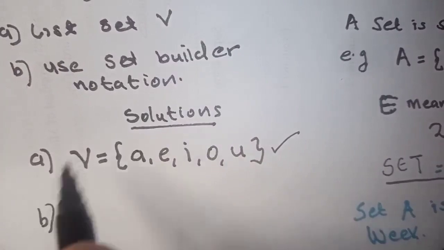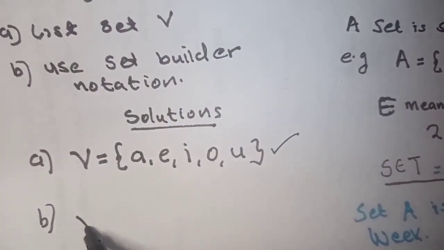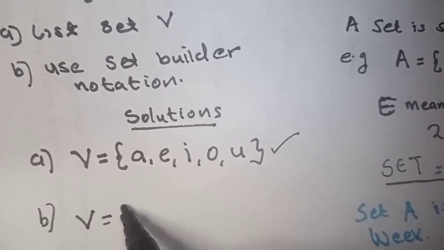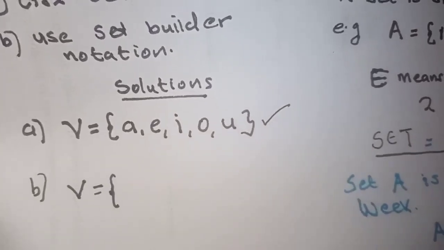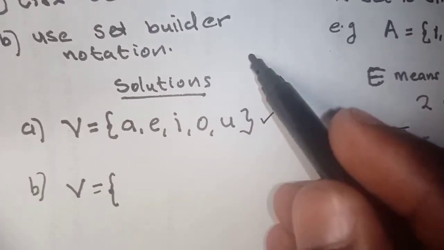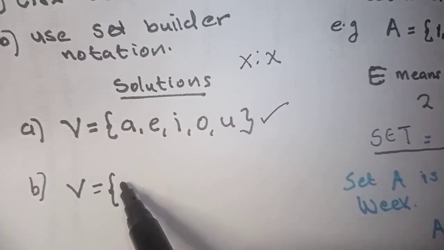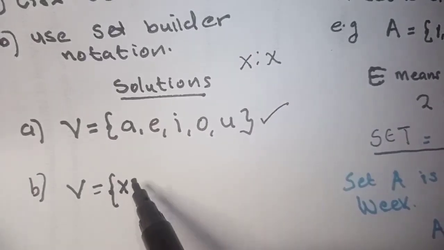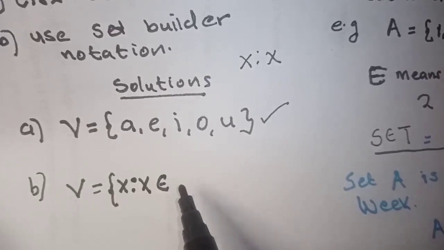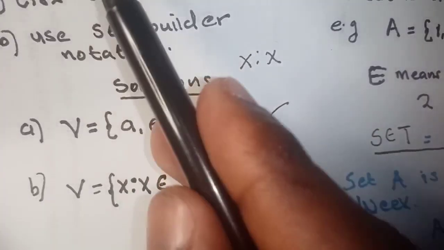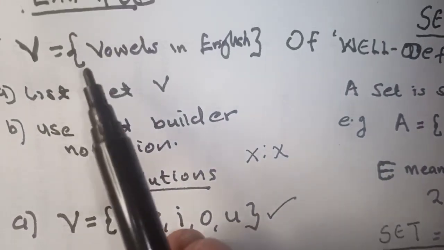Set B says use set builder notation. So we're going to say V is equal to, and now using set builder notation, you open the brackets again. With set builder notation, you always start with x such that. We're going to write x such that x is a member of what? What are these? They are vowels in English.